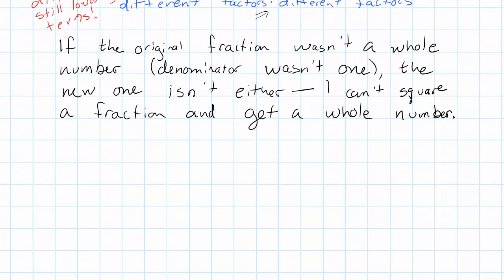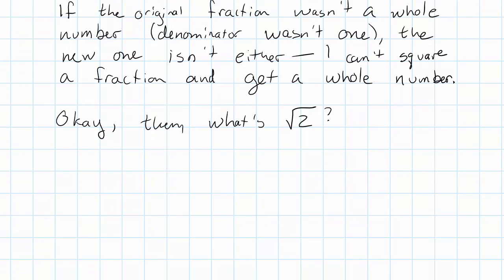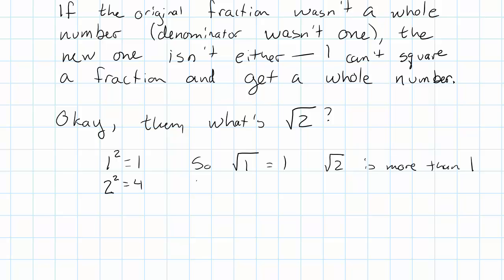But, alright, so let's say, what's the square root of 2? Well, what is the square root of 2? Let's see. 1 squared is 1. So the square root of 1 is 1. So the square root of 2 is more than 1. On the other hand, 2 squared is 4. So the square root of 4 is 2.